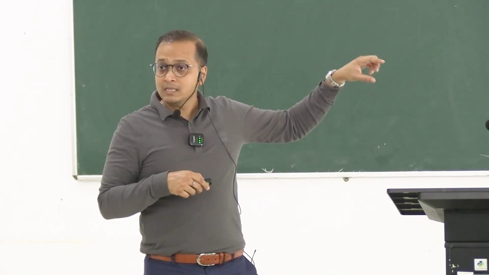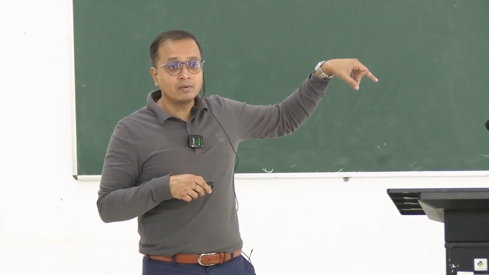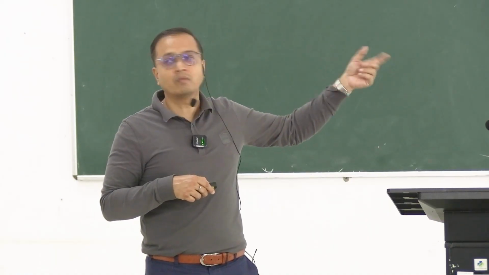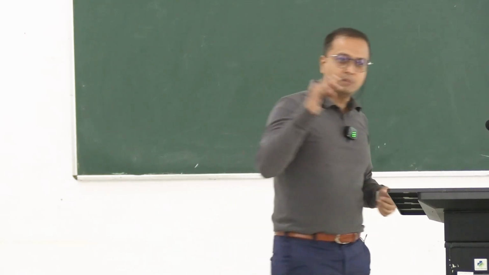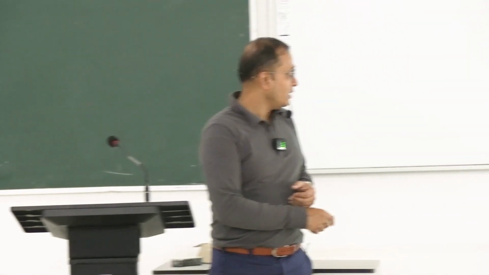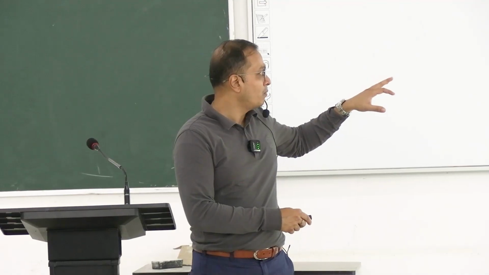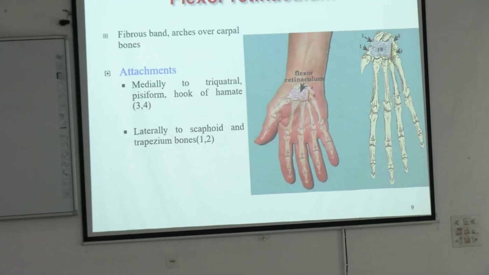But if it is passing above, it cannot avoid the superficial injuries. So these two injuries, of the ulnar nerve and the median nerve, come in two different sequences of injuries in the wrist region. One is deeply placed, where the carpal tunnel is cramped. Then the problem presented here is because of carpal tunnel syndrome.